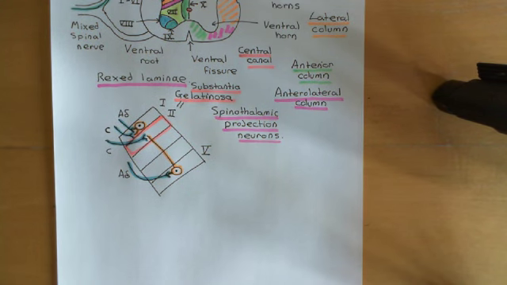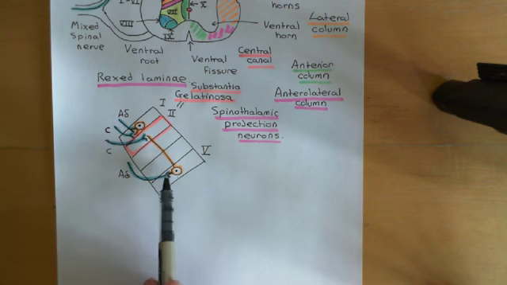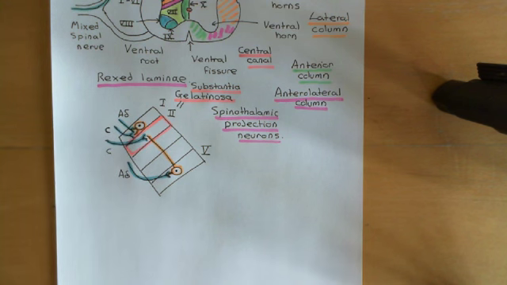However, you can still have these synapses between spinothalamic projection neurons and C fiber type primary nociceptive afferents in substantia gelatinosa, because these spinothalamic projection neurons with their cell bodies in Rexed lamina number 5 can send dendrites back into Rexed lamina number 2.